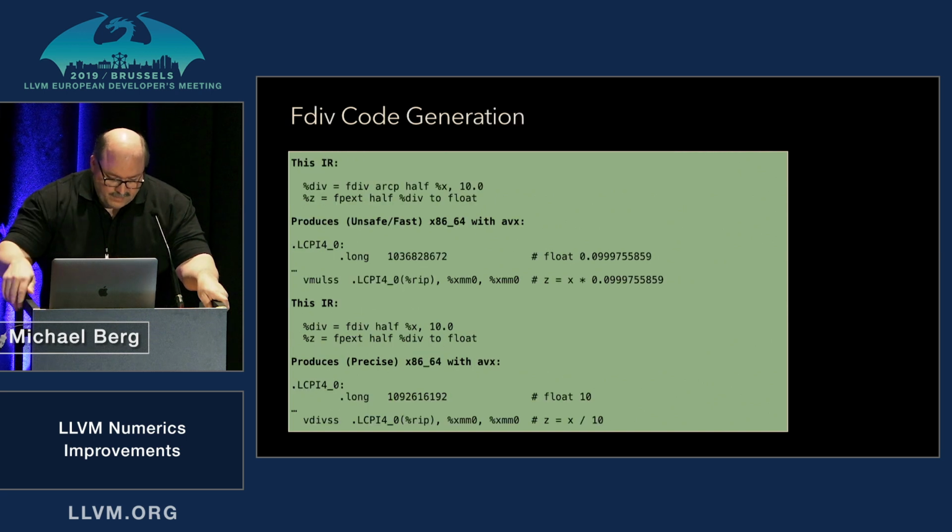Now, fdivide also shows you a constraint underneath fast and unsafe that's different. In other words, we emit different code for different reasons. One case we want to get performance, the other case we want to get a precise result. Now, the difference between these two is really, in the half precision differences, a single ULP, but reciprocal operations can often reach a 1.5 ULP divergence between a precise result and an unsafe result in this case.